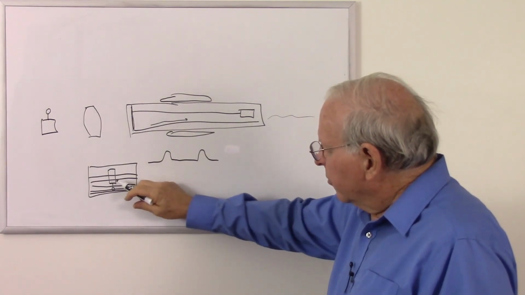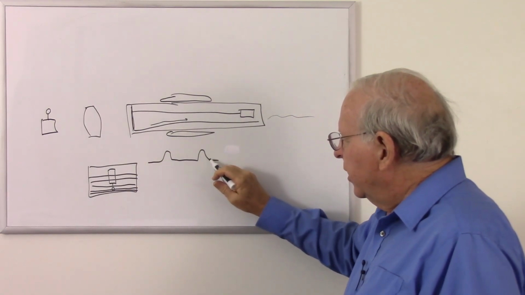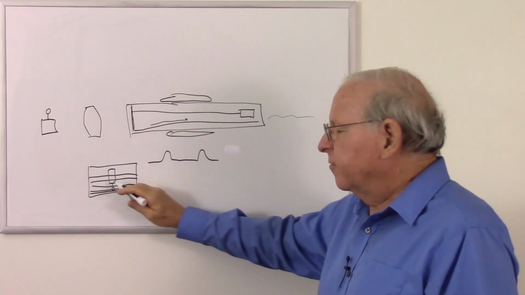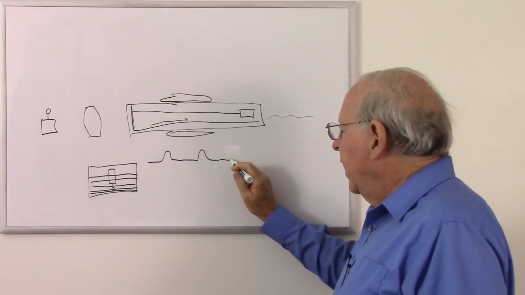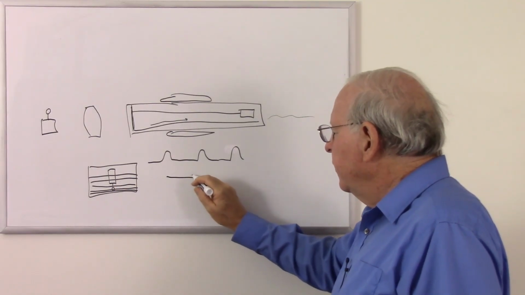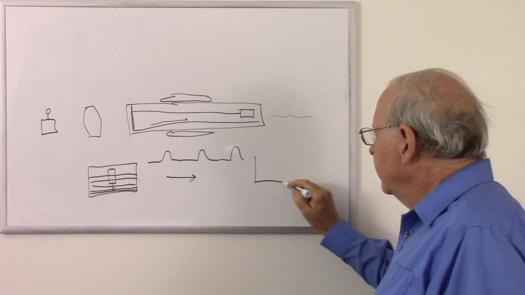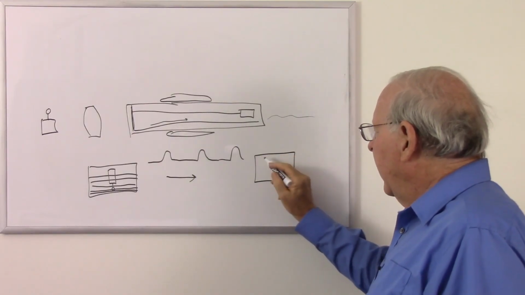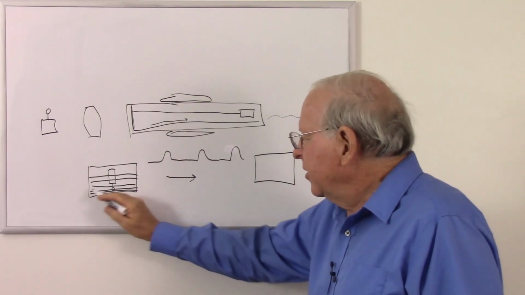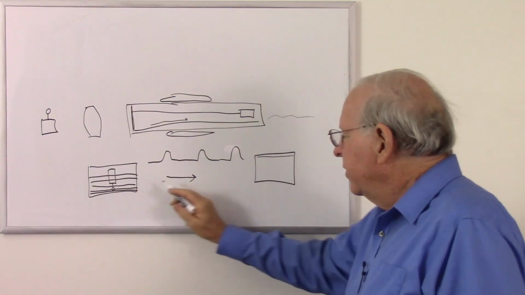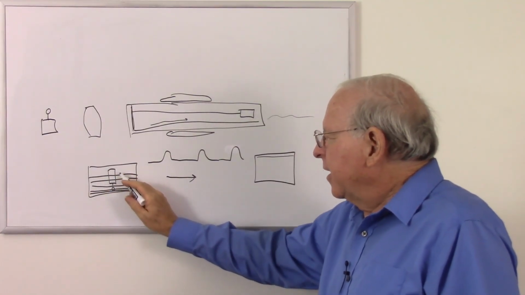So each time it scans across that candle, we get a change in our voltage because of the change in brightness, and send that off to the picture tube, the CRT, and have that scanned synchronized with the camera tube.